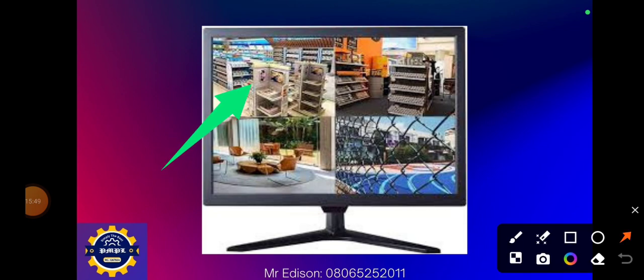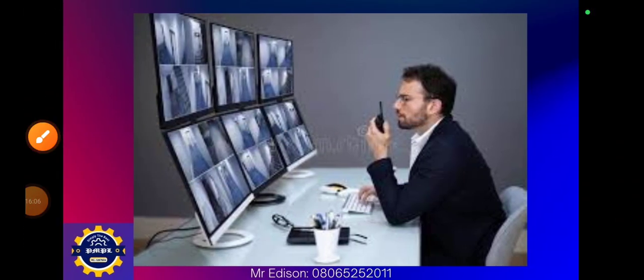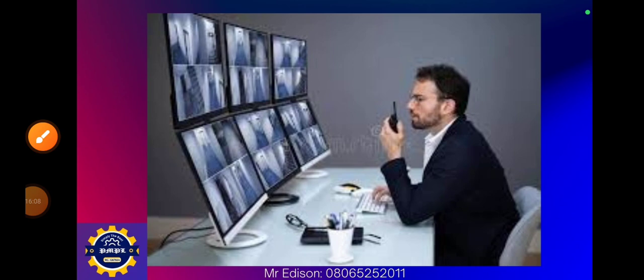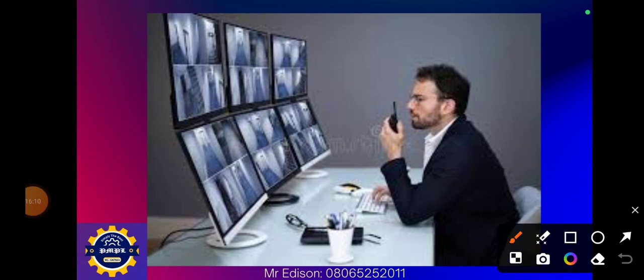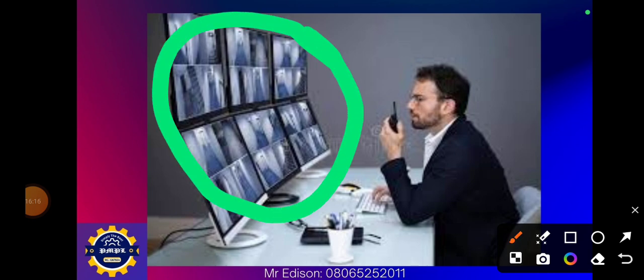Then this is a retail shop. This is also a retail shop. This is someone's home. So these are the various applications of CCTV. This is a law enforcement agent. You can see how many cameras he's managing.